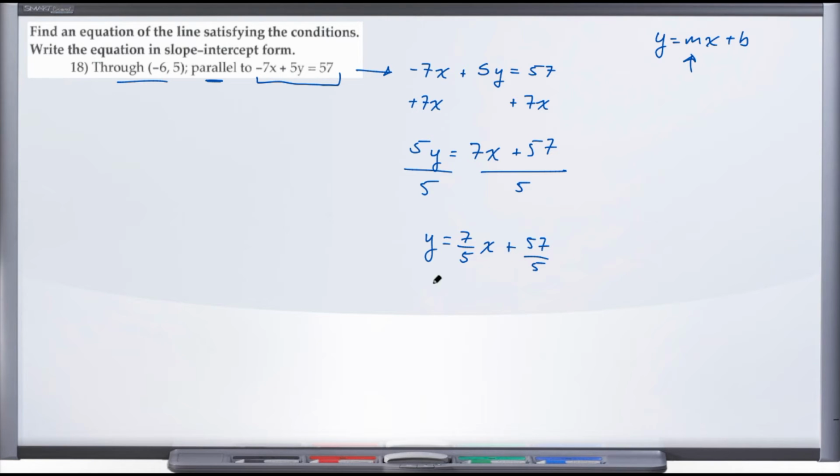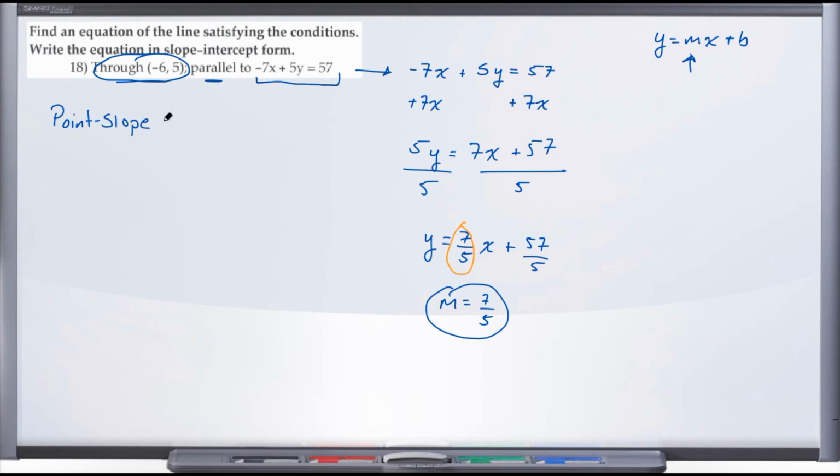Now that the equation has been rewritten in slope-intercept form, we can clearly identify our slope. In this case, our slope is 7 over 5.